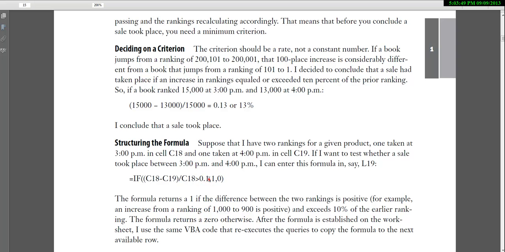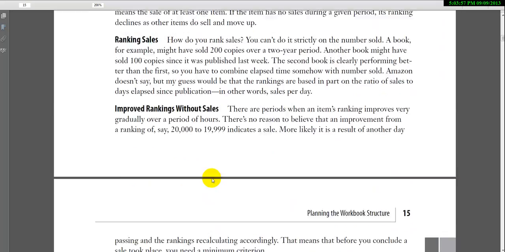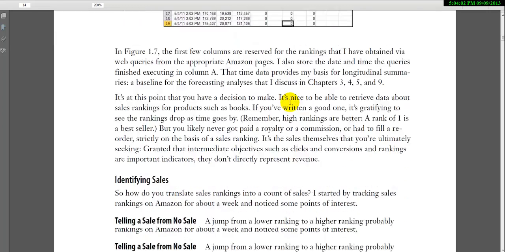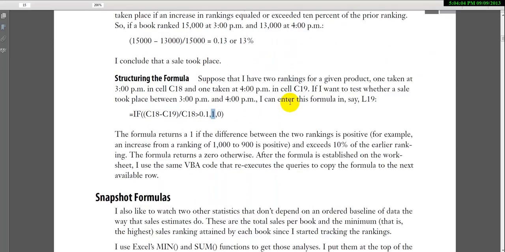So the test criteria is here. So we're saying if this is greater than 10%, then we're going to put a 1 in our cell. In which cell? In this cell, we'll put a 1. Or if it's not greater than 10%, so that's this condition, then we're going to put a 0.